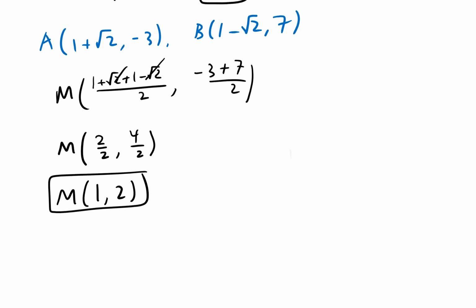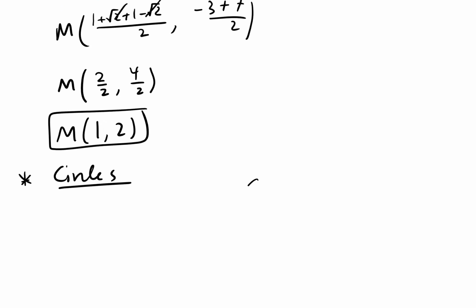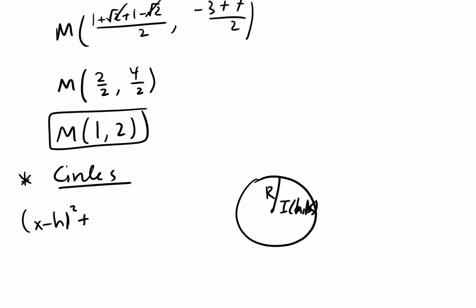Another good thing we focus on here is about circles. So if we have a circle with center (h, k) and radius r, the equation of the circle is given by (x minus h) squared plus (y minus k) squared equals r squared.